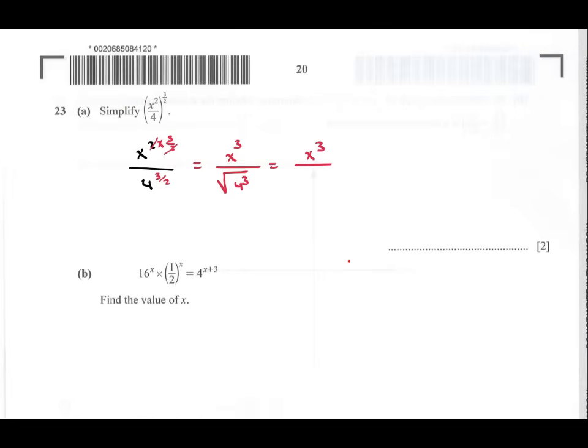The square root of 4 is 2, and 2^3 is 8, which is equal to x^3/8.